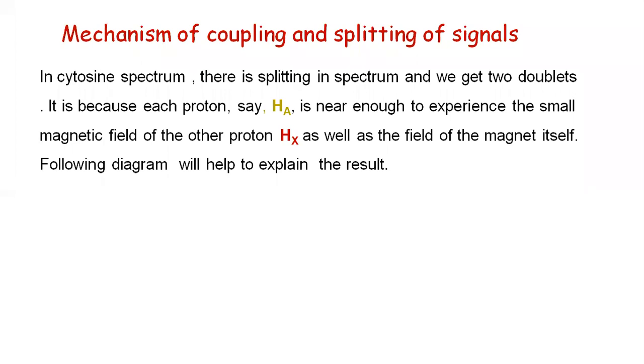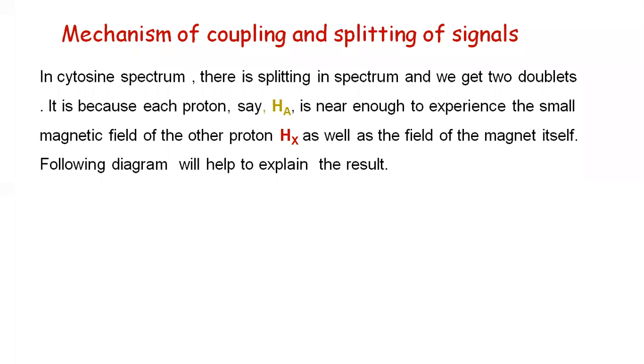Now we will go for the mechanism of coupling and how the signals are split. This is the most important part. We will discuss the mechanism of coupling and splitting of signals. If we know this mechanism, we will be able to deal with any complex molecule, because this concept will take us to the exact structure in terms of stereochemistry.